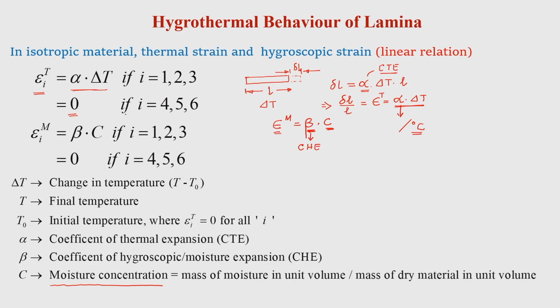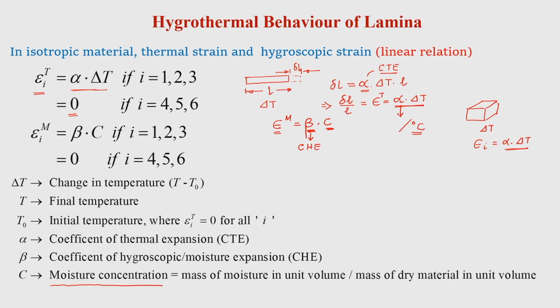Just to show here, if you take a 3 dimensional object and it is subjected to a temperature change of delta T, that will lead to epsilon 1, epsilon 2, epsilon 3, each equal to alpha into delta T, and there is no shear strain.